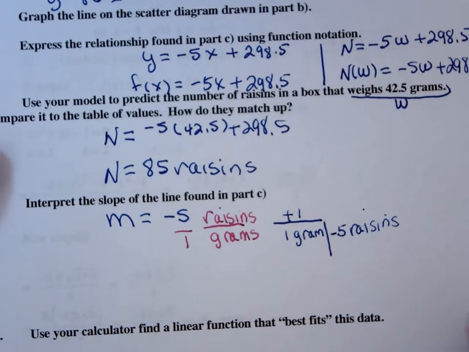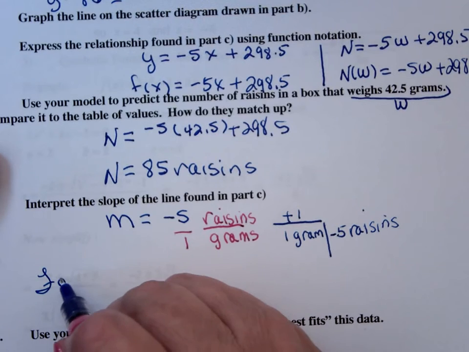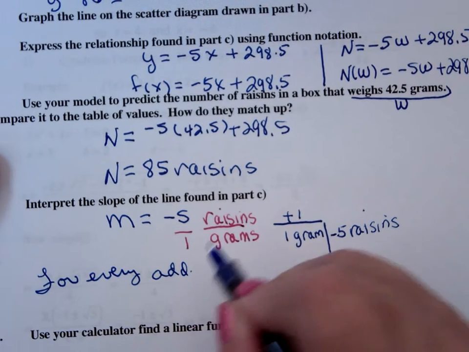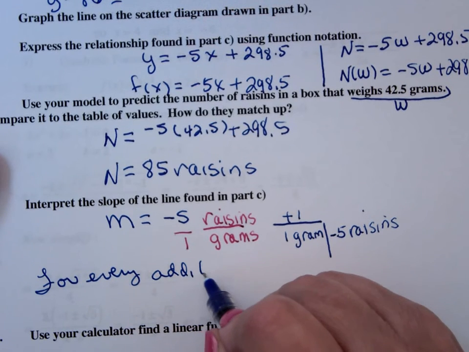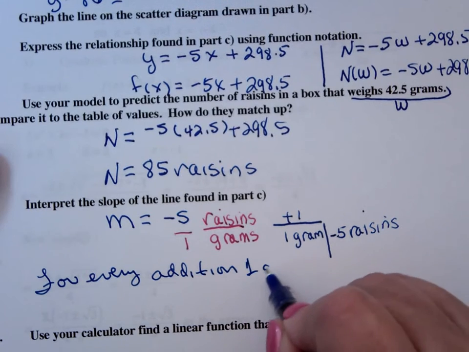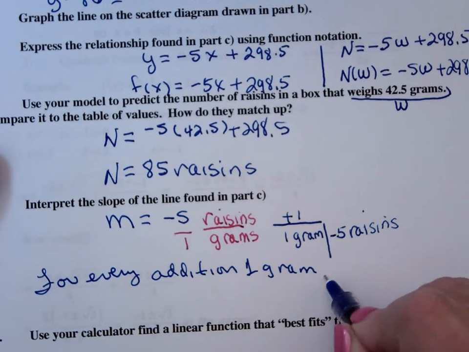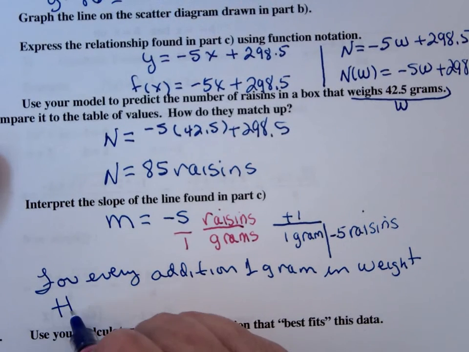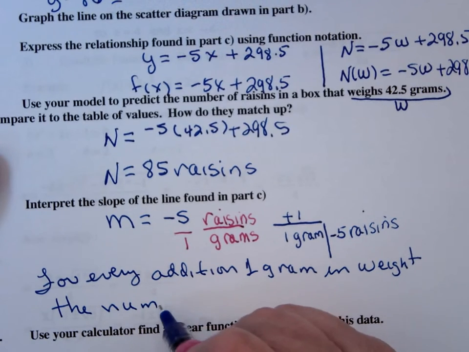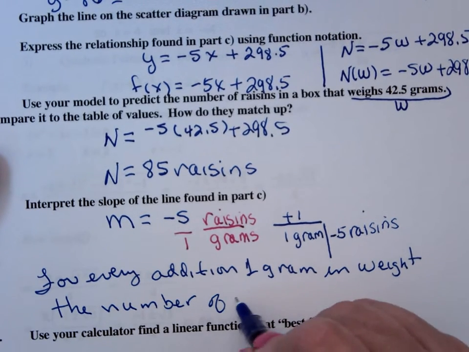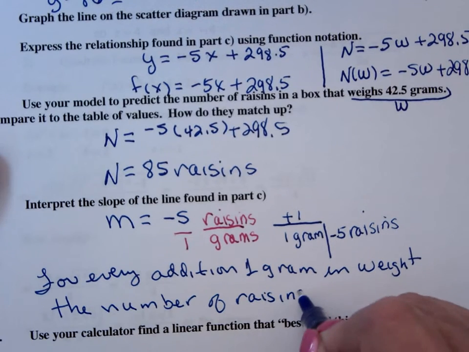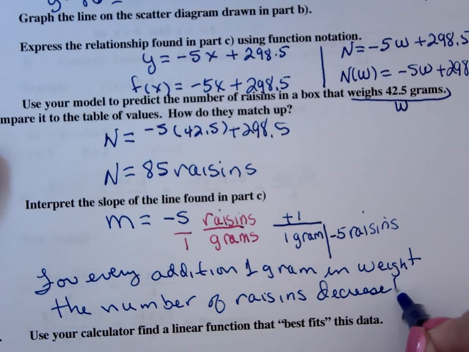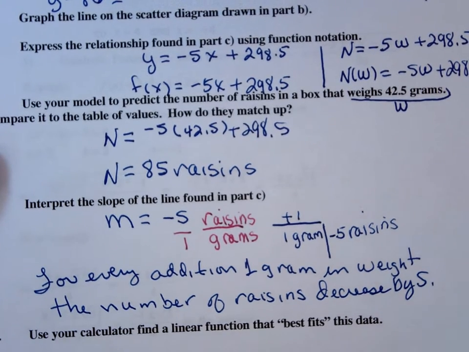So what do we say? It says for every additional one gram in weight, the number of raisins decrease by 5, which makes no sense.